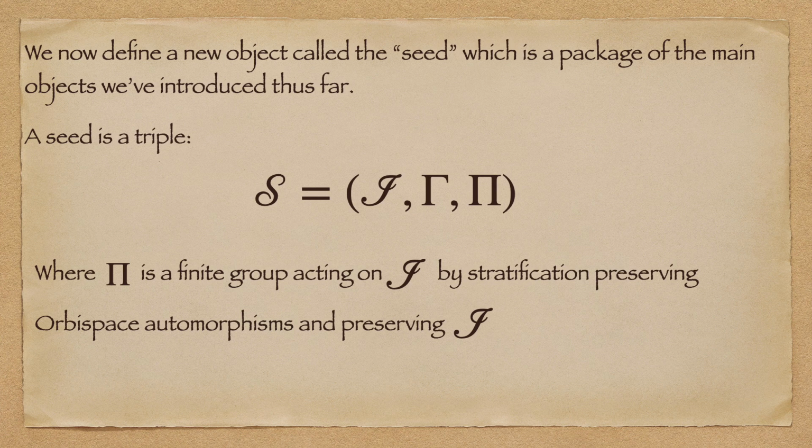A seed is just a triple of the underlying geometric scaffolding, the intersection locus, and a finite symmetry group acting on the scaffolding, \mathcal{I}, by stratification-preserving orbit space automorphisms, and it's going to preserve the orbifold orbit space, \mathcal{I}.